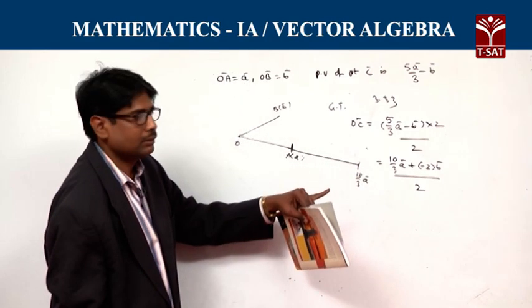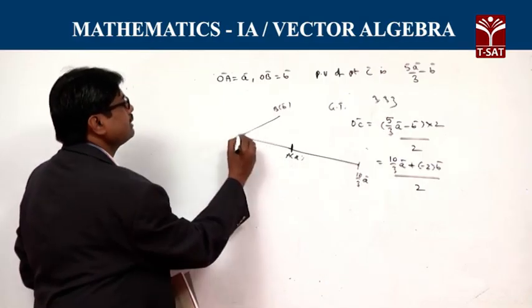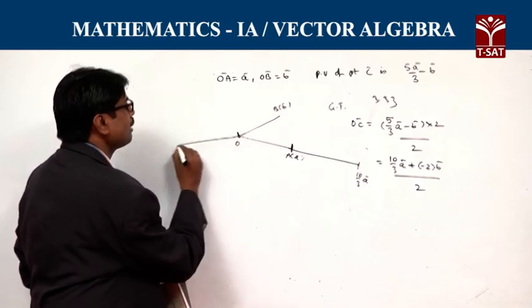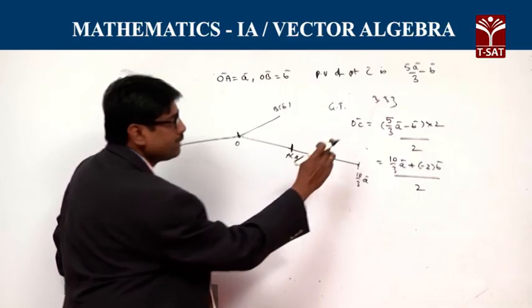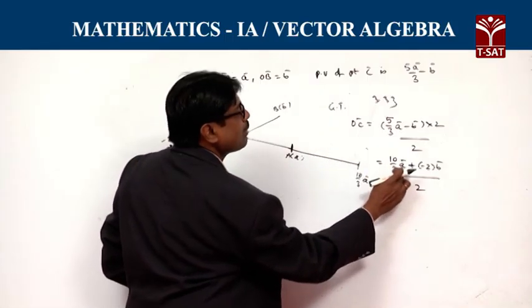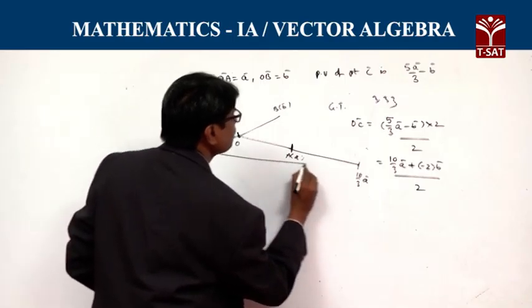Minus 2 B bar, minus 2 means it is negative in the opposite direction. This is B bar, minus 2 B bar, and your C is 10/3 of A bar minus 2B bar by 2, and you take the midpoint of these two.